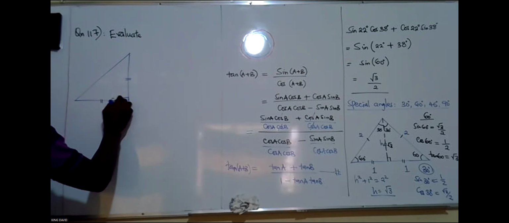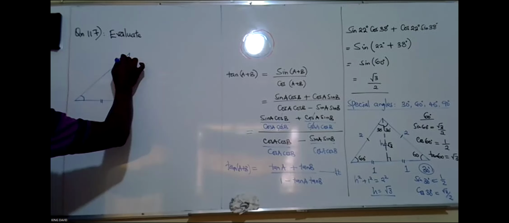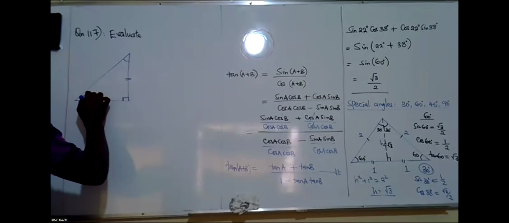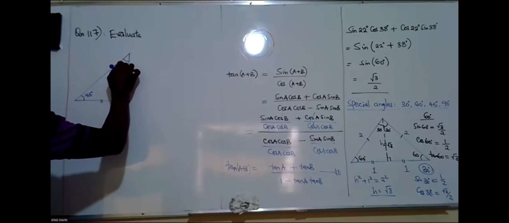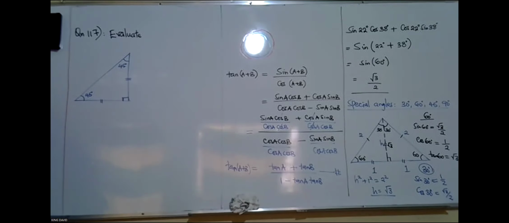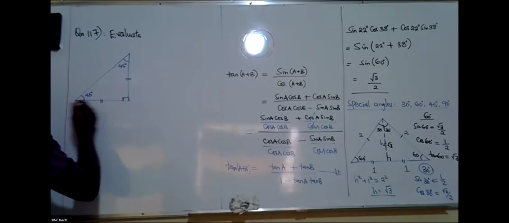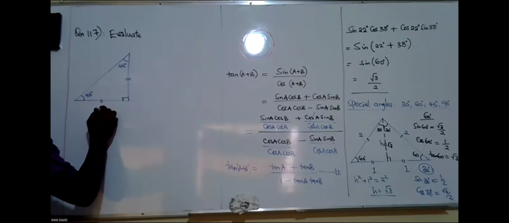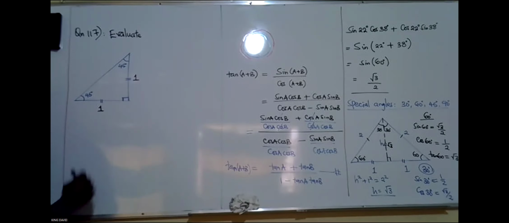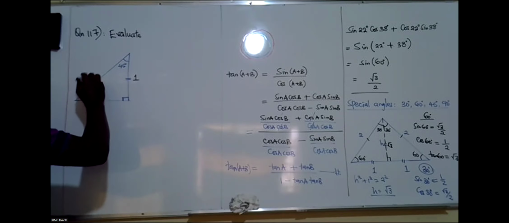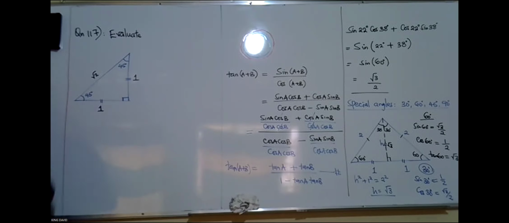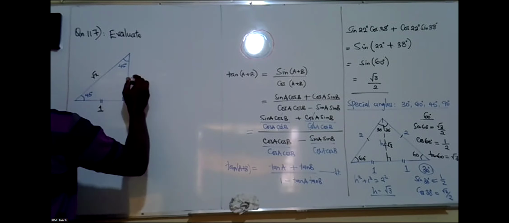Like that if this is 90, these base angles will be equal. That will be 45 and 45. Then you'll say if these equal sides have maybe length of 1 and 1, then what will be the hypotenuse? Using Pythagoras theorem, you'll end up with the hypotenuse as root of 2.